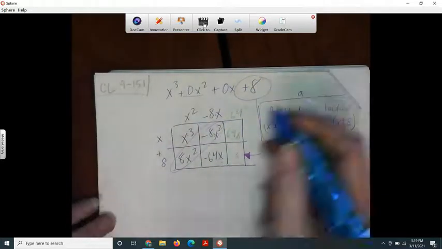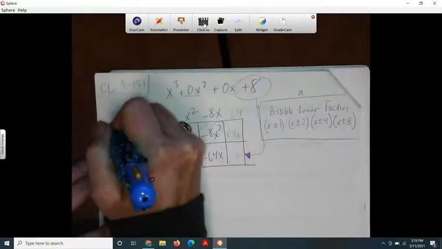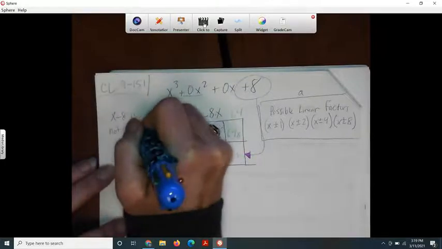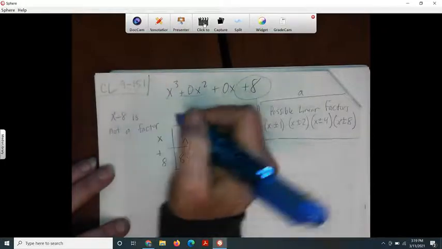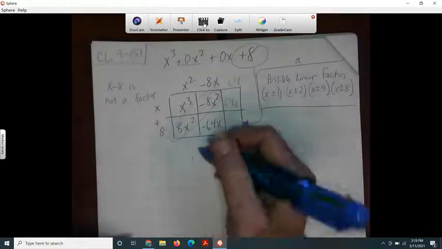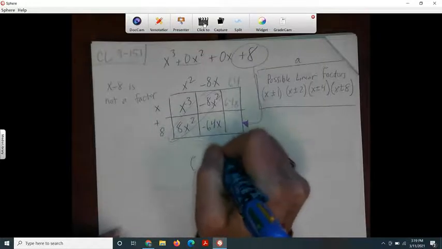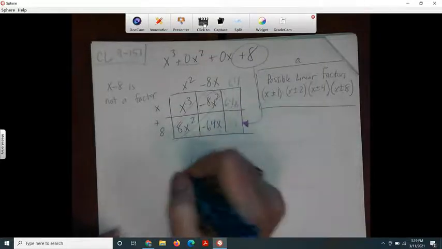Hey, is there an easier way? Well, I don't know if it's easier, but there's another way. You could say x cubed plus 8, and I can plug in negative 8 right here.